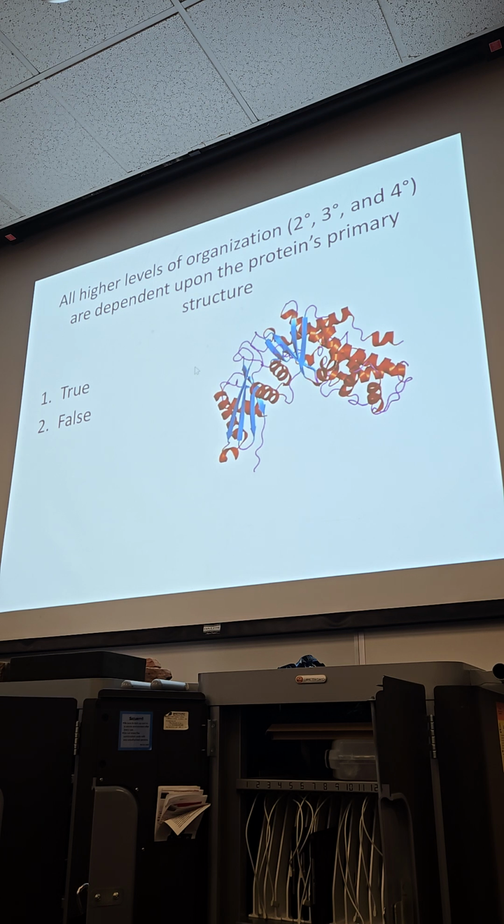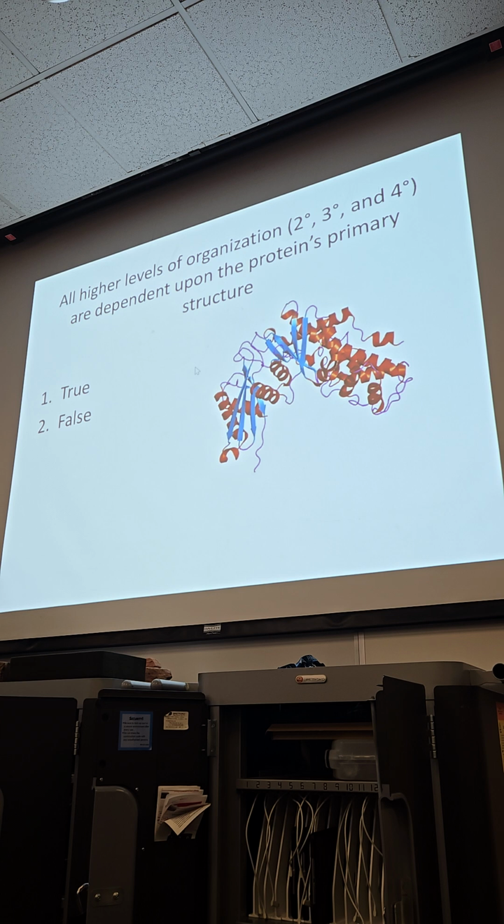Well, secondary structure is only dependent on the backbone, though, which is unrelated to the R group. This one, true or false? This is true. Oh, I was right.